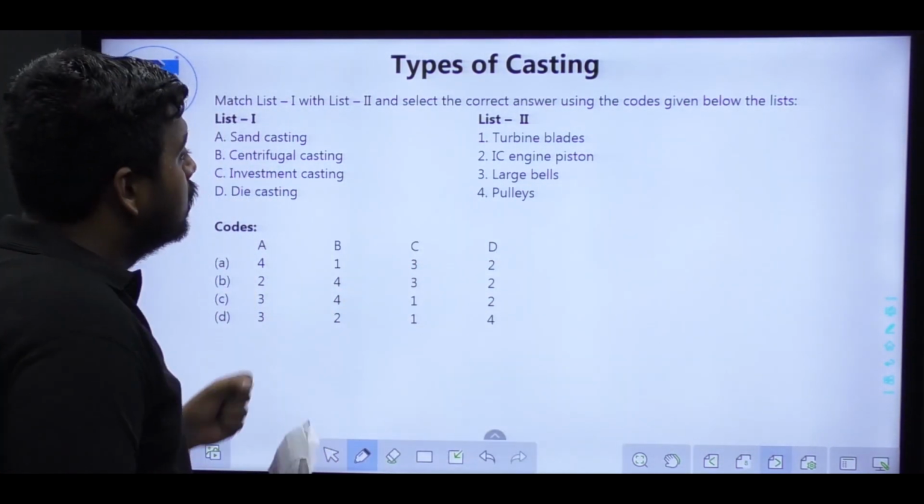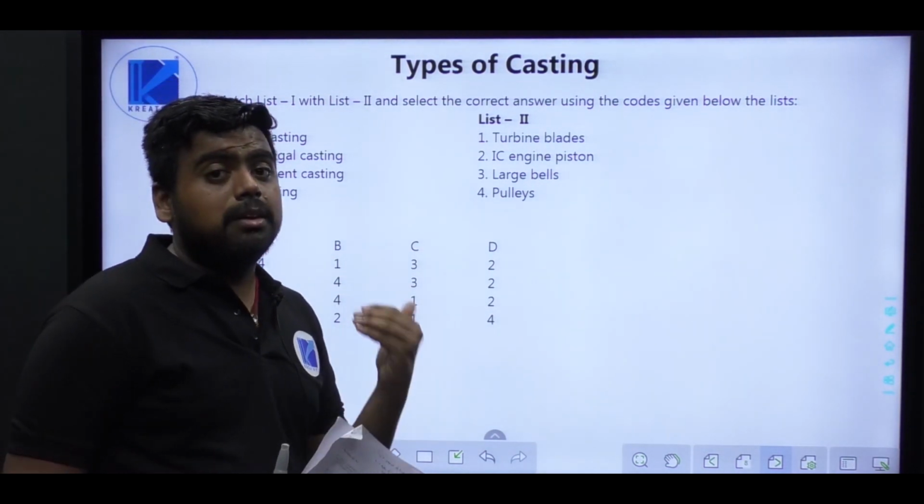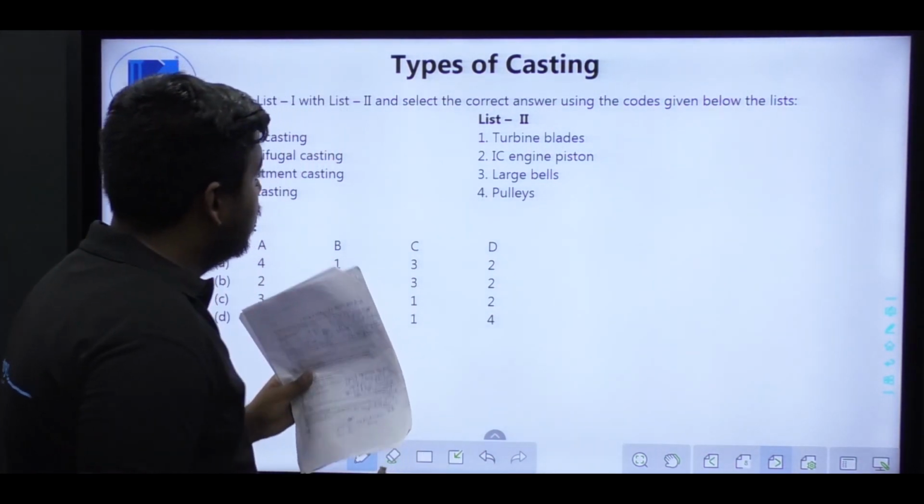So in list 2, the first option is turbine blades.